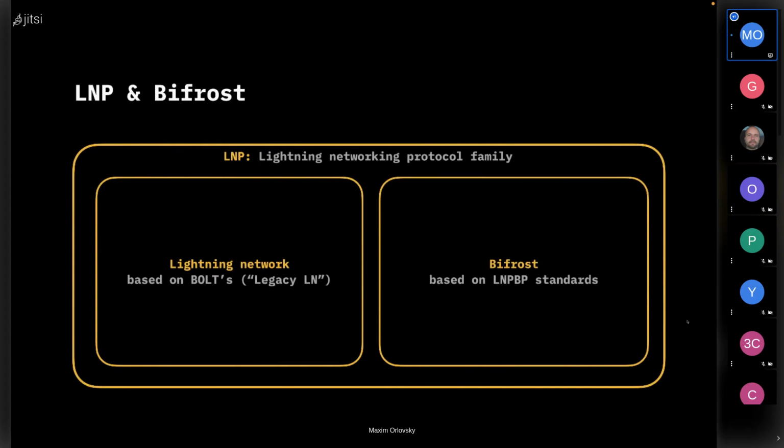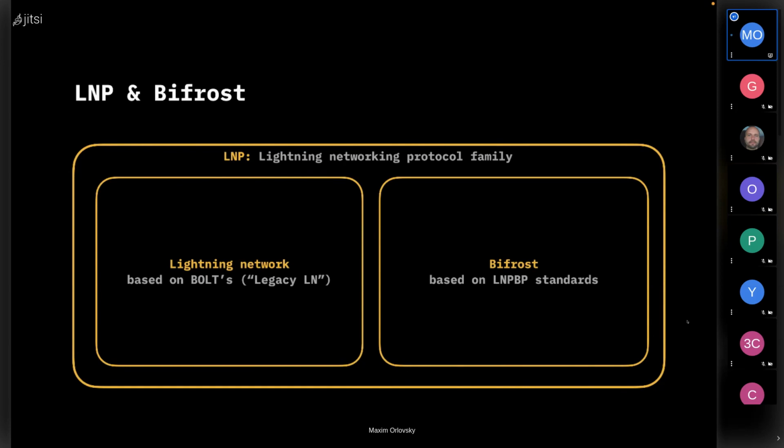The idea of LNP comes from this acronym LNPBP, which is similar to TCP/IP, denoting that the whole Bitcoin ecosystem, consisting of Lightning Network Protocol and Bitcoin Protocol, is a kind of new financial internet and a new type of internet protocols that unlock a completely new level of the same values that original internet protocols had: decentralization, censorship resistance, privacy, and so on and so forth. Well, the original internet hadn't had privacy as a core value, but with LNPBP we do have.